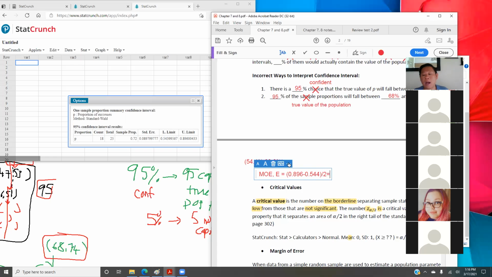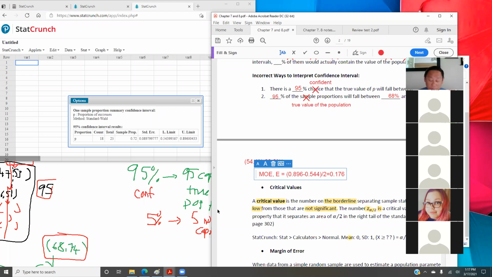Everyone take out your calculator and find the margin of error, given this. Anyone got an answer? 0.176.